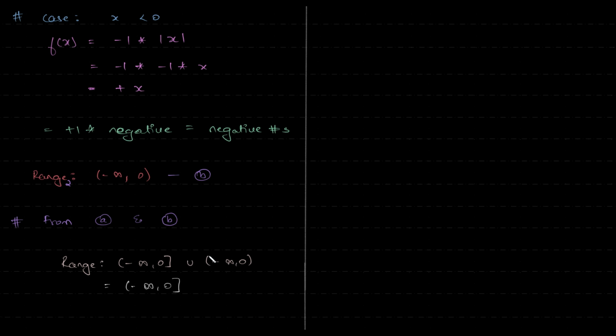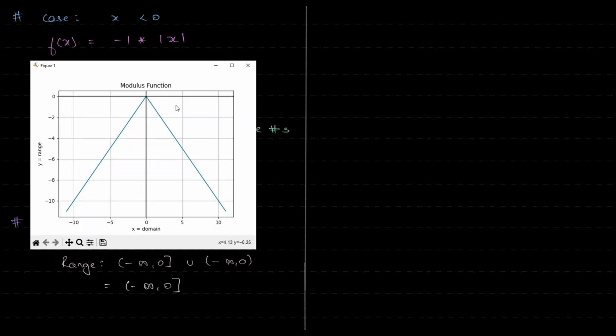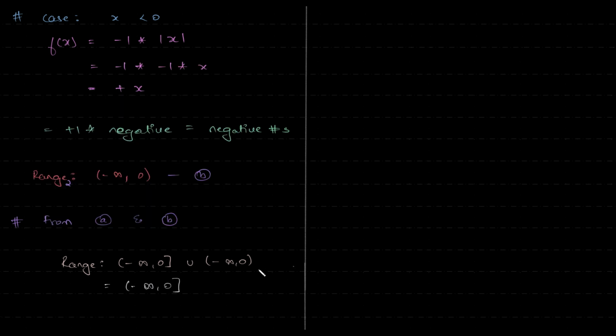F of 10 is minus 10, f of 2 is minus 2, right? You can see it over here. For each of these values, we have different outputs. So the range is the combination of all of these, is it not? And that's what I did. I found the range of the positive side, I found the range of the negative side, and I combined the results. That's why the union. That would be the simplest reasoning. I can't make it more simple. As and when you go along, you will understand this concept better.